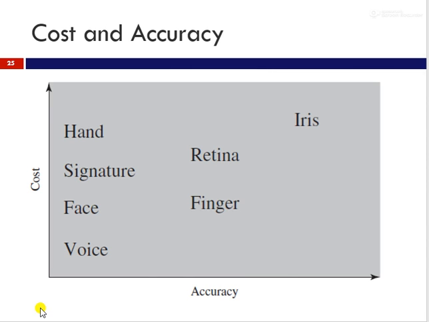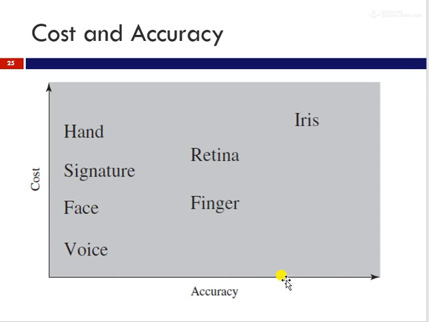If we look at different types of biometric authentication mechanisms with respect to cost and accuracy, you can see that voice has low cost, but at the same time it has the lowest accuracy as well. And we want our system not only to be cost effective, but at the same time to be accurate.